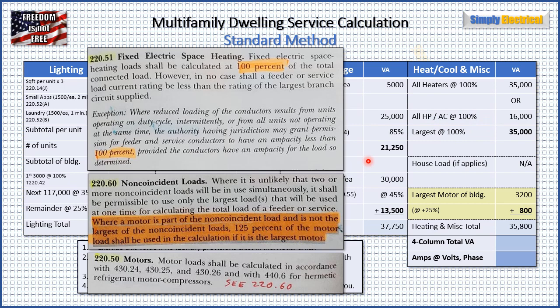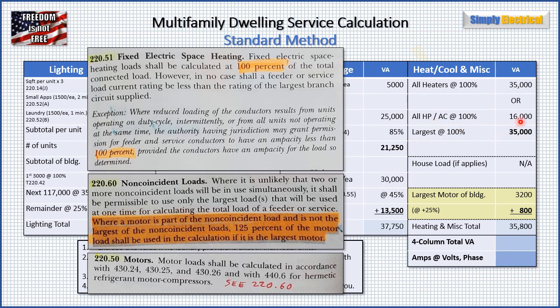Now here is where I think there is a discrepancy between the language of this section and the intent. If we take this at face value and take 125% of this load, now remember this is just going to be of one of these units, the largest motor in the building.